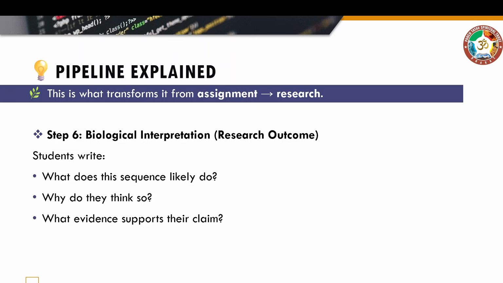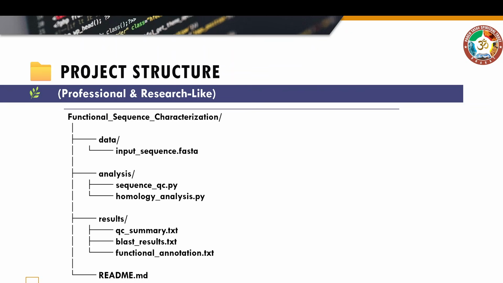Now you will also maintain a proper project structure. It's not only about the code, it's also about the organized files, how you organize your data, your outputs, and your explanations. This is how professionals work.